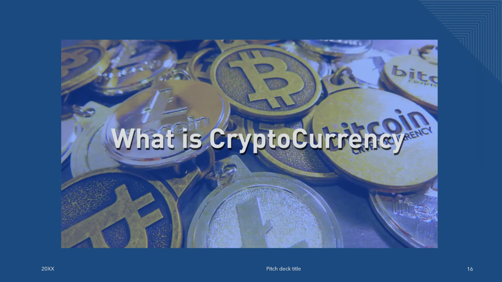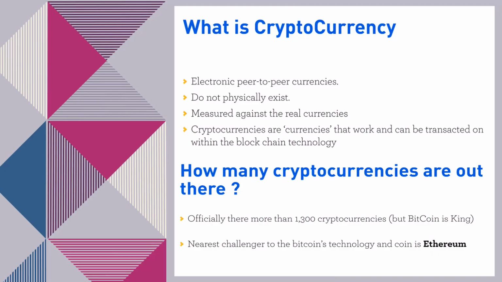Then now we need to go through what cryptocurrency is. Cryptocurrency is electronic peer-to-peer currencies, and they do not physically exist. They're measured against real currencies, and they are currencies that work and can be transacted on within blockchain technology, right? There are a large number of different types of cryptocurrencies, but we obviously know some of the main ones include Bitcoin and Ethereum.